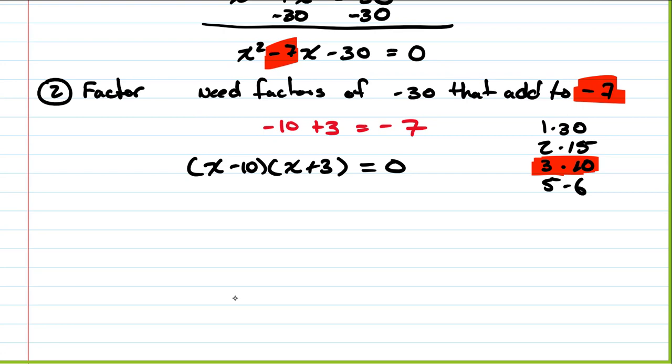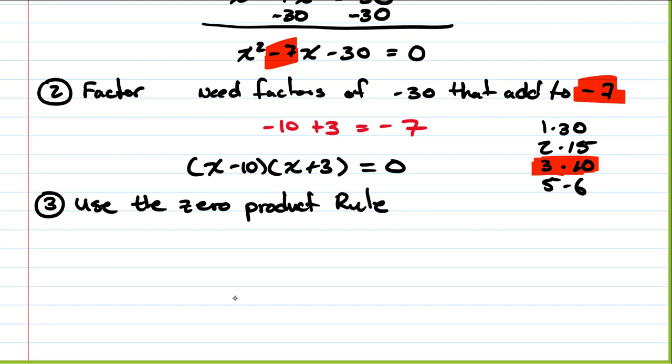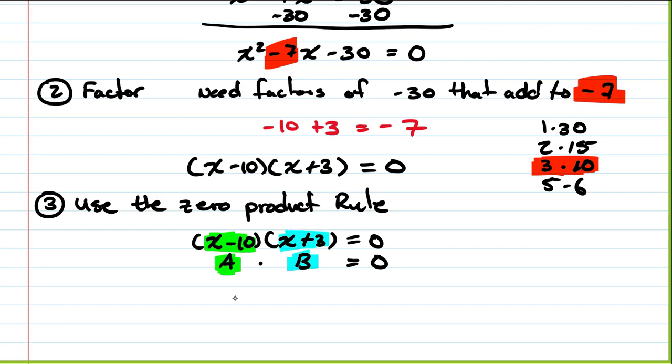Then step 3 is we're now going to use our zero product rule, and we identify our A and our B in this case. Here's our A times B equals 0. Our A is going to be x minus 10, and our B is going to be x plus 3.